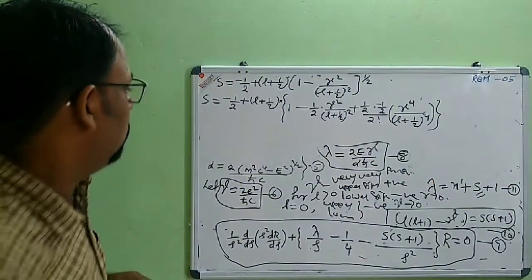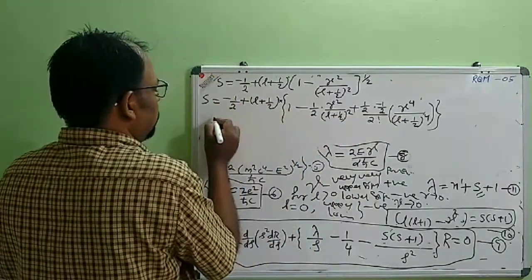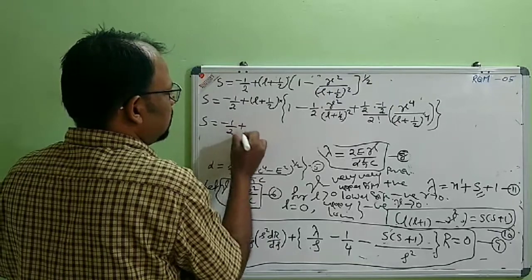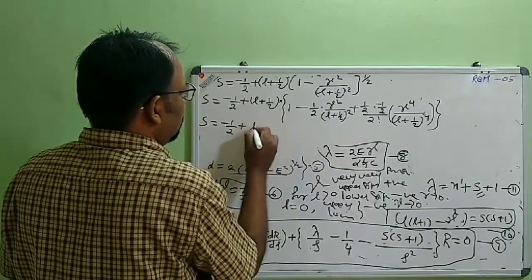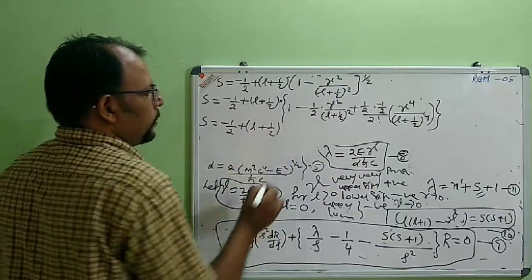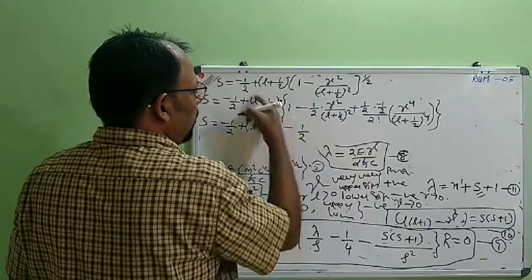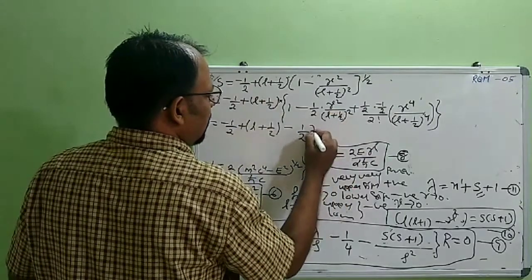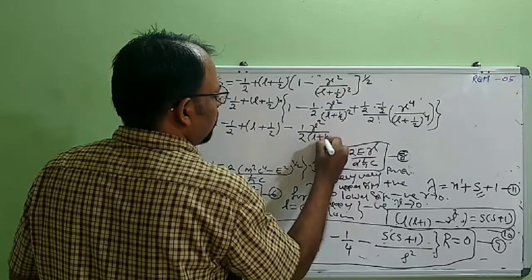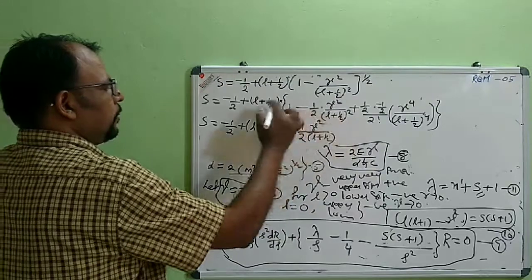Now, multiply these 3 terms by (L plus 1 by 2), then we will be getting S is equal to minus 1 by 2 plus first term will be 1 into (L plus 1 by 2). So L plus 1 by 2, then minus 1 by 2 into (L plus 1 by 2) cancels, then gamma square by 2 into (L plus 1 by 2).